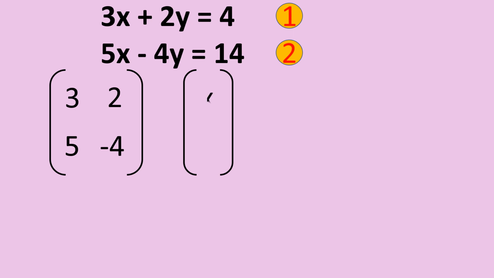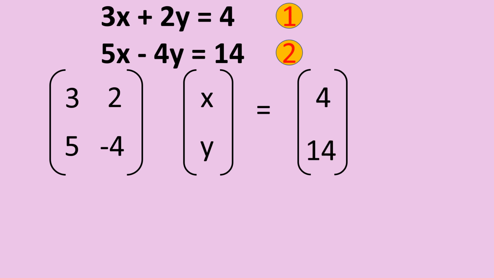So these coefficients, what are they multiplying? They are multiplying x, and they are also multiplying y. And generally, the products of these multiplications give us what we have on the constant side, the right hand side, which is 4 and 14.